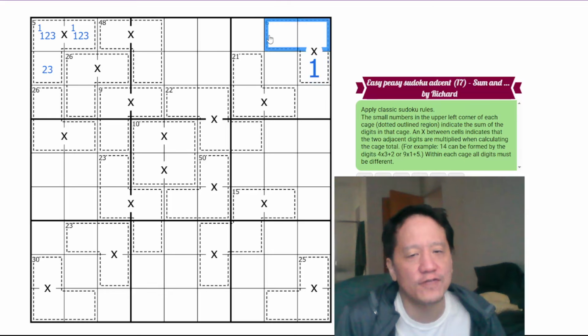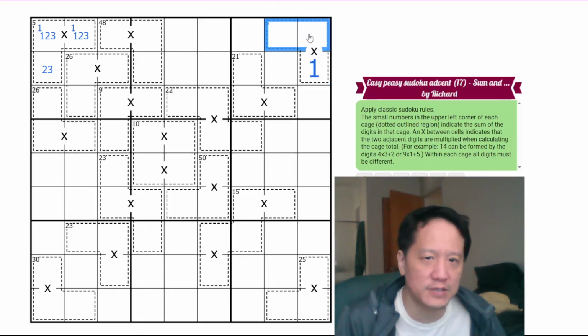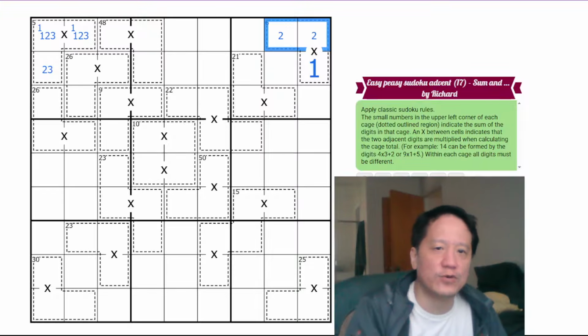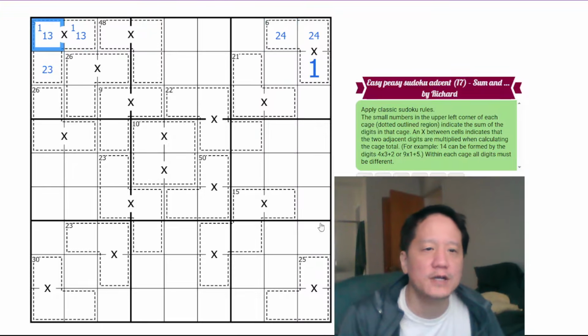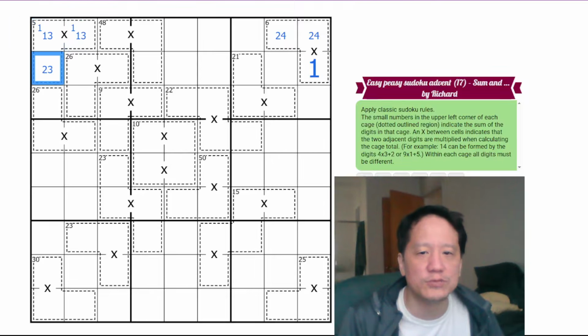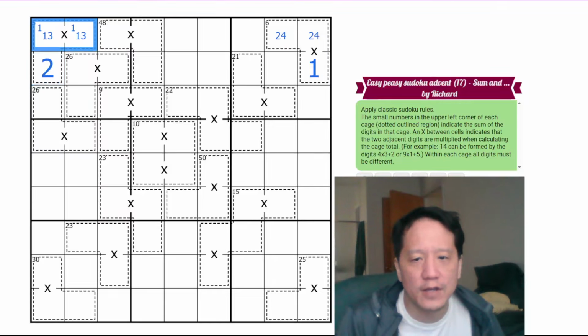You can't have 1, 5. These two digits, since this is times 1, it's essentially the same as these two digits must add up to 6. So this has to be 2, 4 as a pair, which eliminates 2 and 4 in the rest of the row. So this can't be 2 or 4. It's 1 times 3, which is 3, plus 2, which adds up to 5. That means the remaining digits in the row have to be 5 through 9.